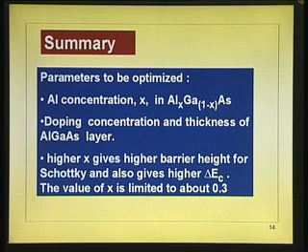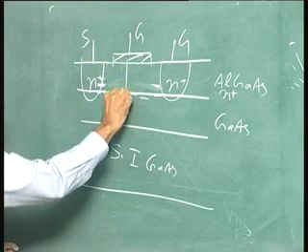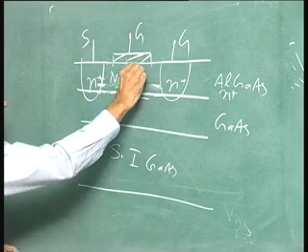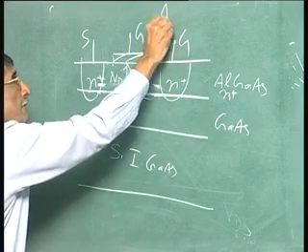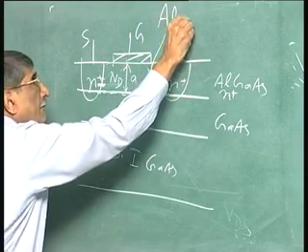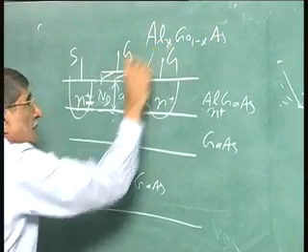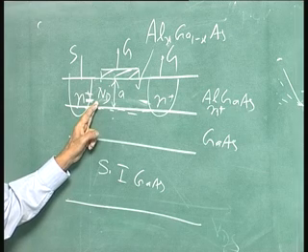Aluminum concentration here, let me just remove this to keep it in perspective all the time. That is the layer, this is the thickness A, and that is the doping. X, A and ND, they are the parameters which you have to optimize.